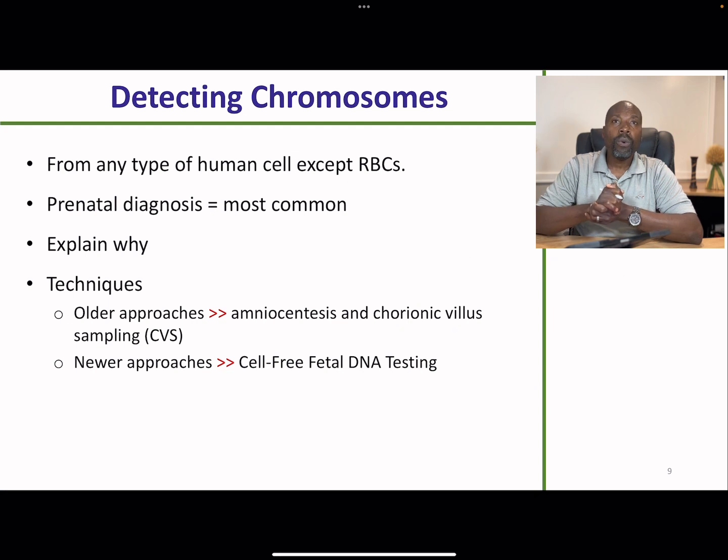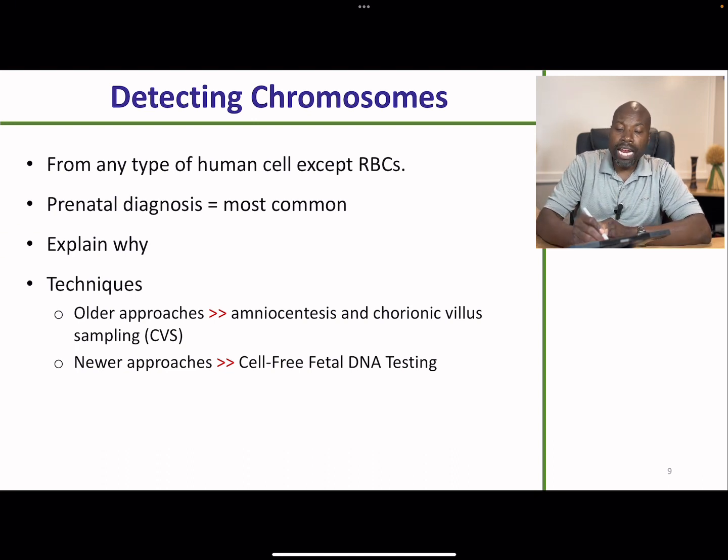Now, when we want to study the chromosomes, look at the number of chromosomes and the structure of chromosomes, you can use virtually any cell in your body. However, the cells that you cannot use are red blood cells. Why?